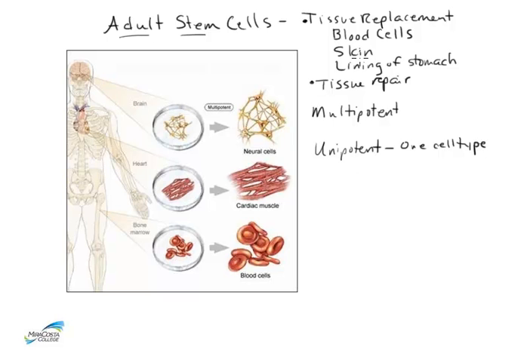Examples of that would be those stem cells that replace the skin and the lining of the stomach. Those stem cells can only produce that particular type of differentiated cell. Multipotent can produce a few cell types, but the key thing is that those cell types have to fall within the same tissue type.